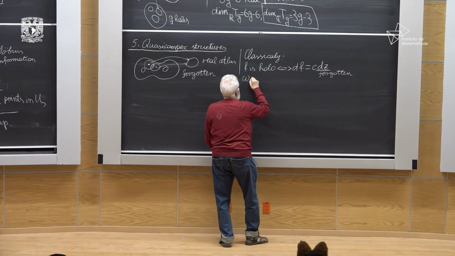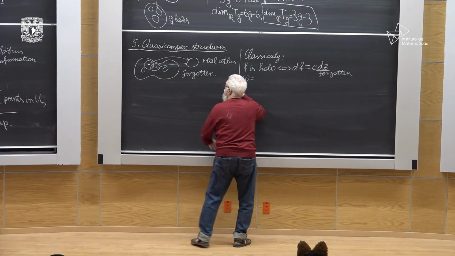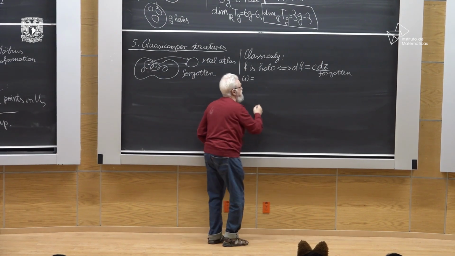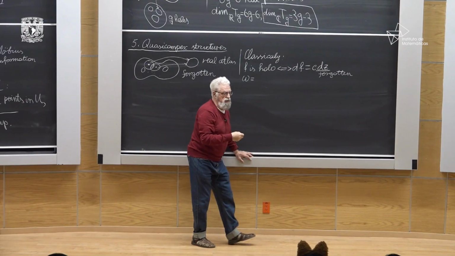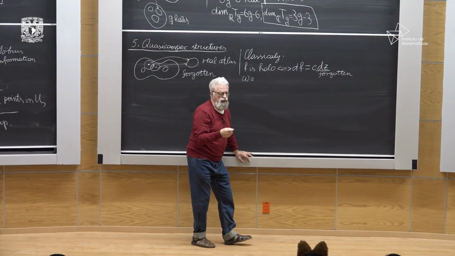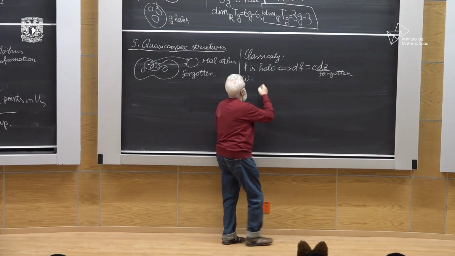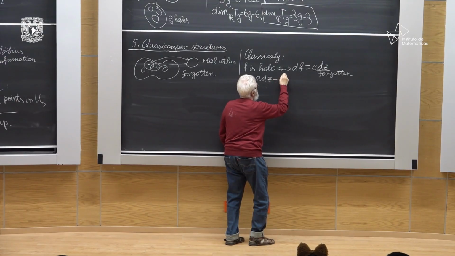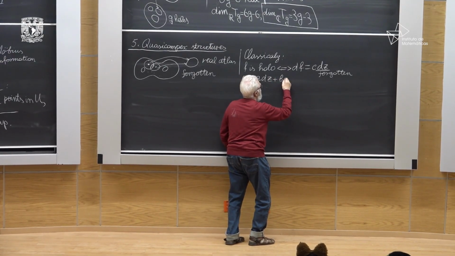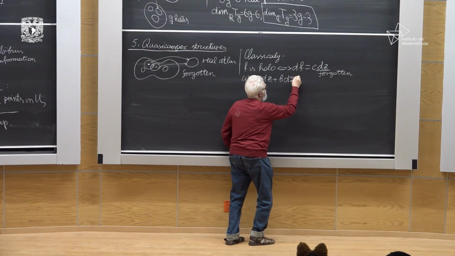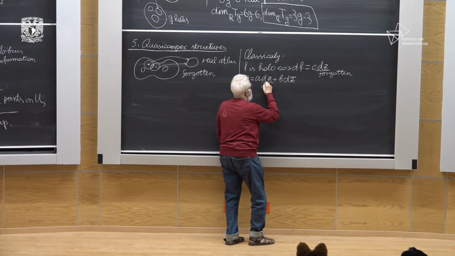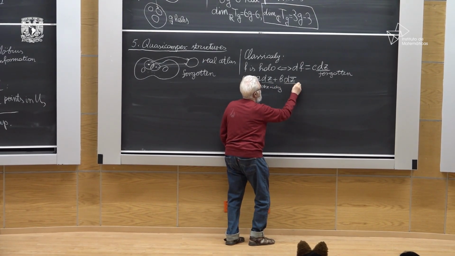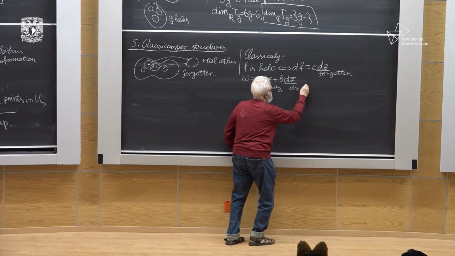Instead, you can still write the complex form in real coordinates. So we still write dz instead of dx plus i dy. But you have a form, this is dx plus i dy, and this is dx minus i dy.